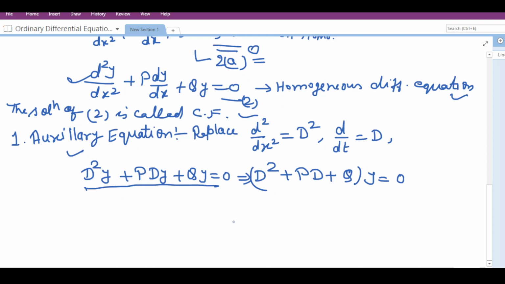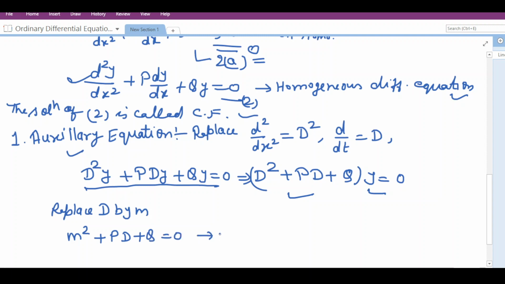This is not commoning, this is the separation of the derivative term, meaning the operator term, and the dependent variable. Now we will move forward. What we have to do? We have to replace D by m. Okay, so we will have m2 plus pm plus q equal to 0, and that is the auxiliary equation.